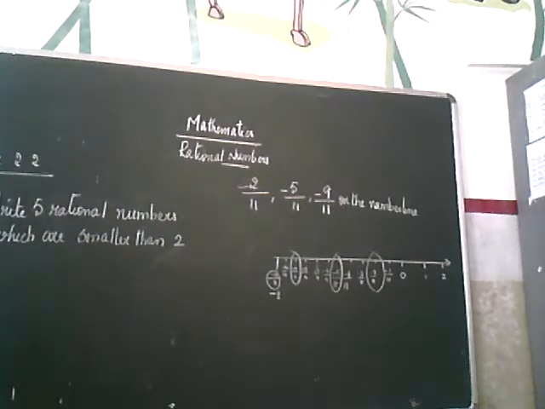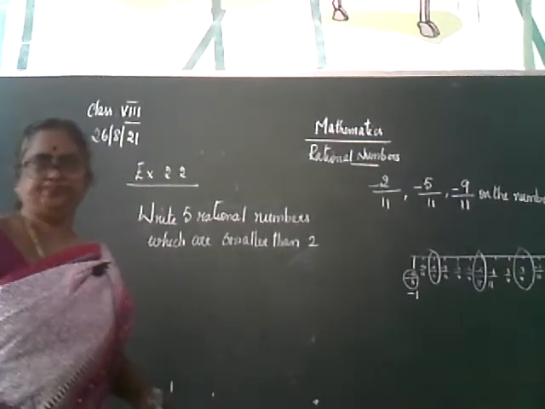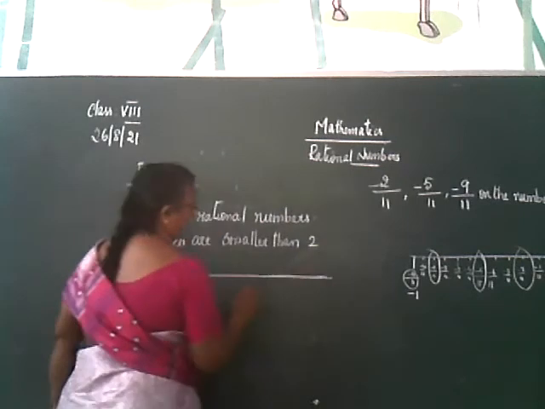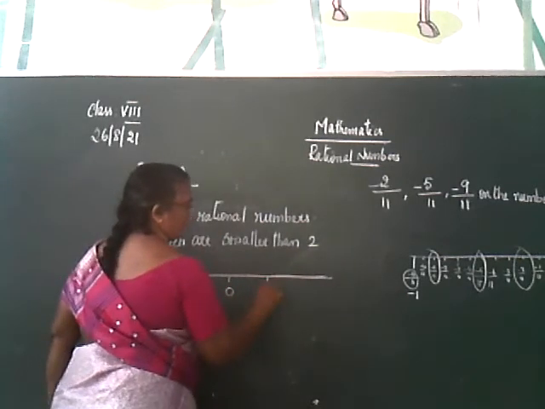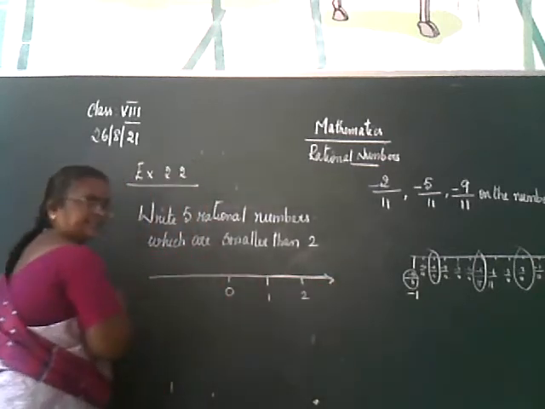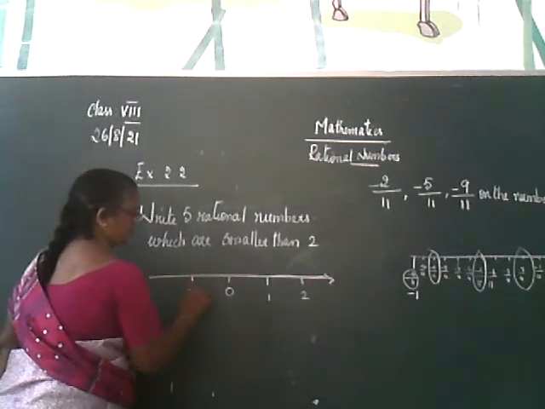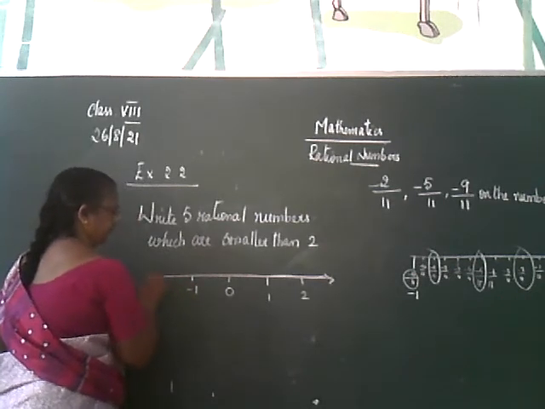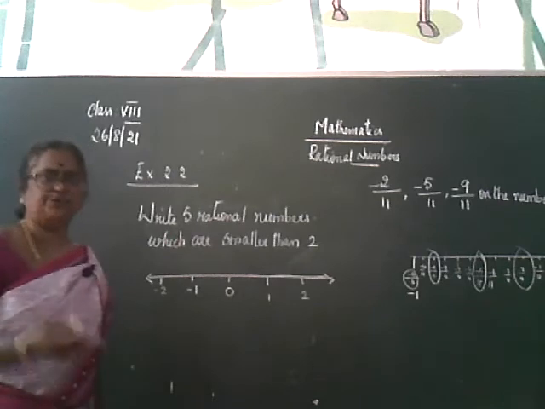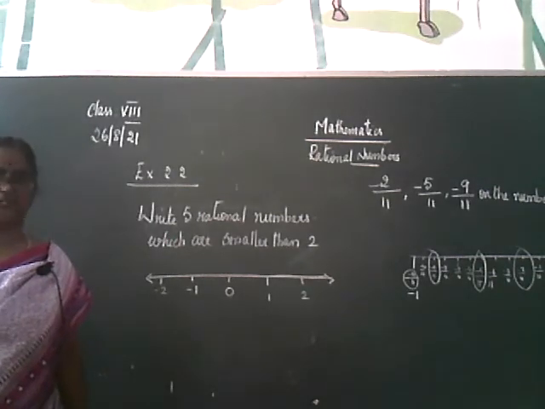So you must write the rational numbers which are smaller than 2. How will you write? Just draw the number line 0, 1, 2, smaller than this. So you move towards left, so you will have negatives also. So smaller than 2 means you can write any number and dividing by 1, it becomes a rational number.